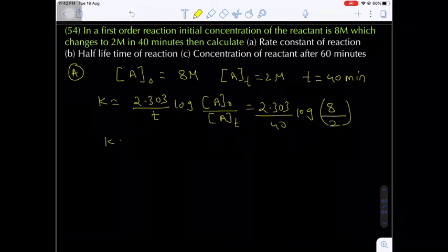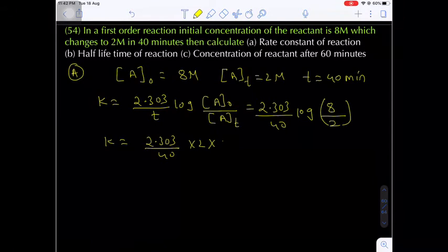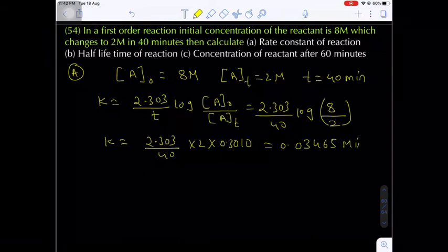Are you getting my point? Now the K value equal to 2.303 divided by 40, log 4 nothing but 2 log 2, nothing but 2 into 0.3010. After simplification you will get 0.03465 per minute. This is the first question.